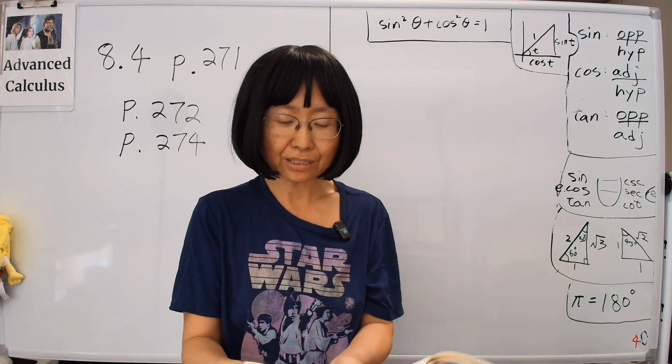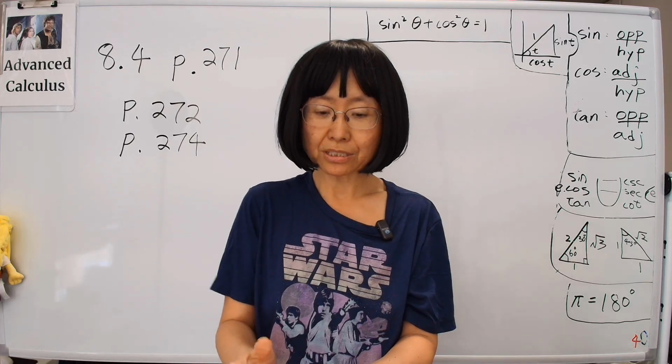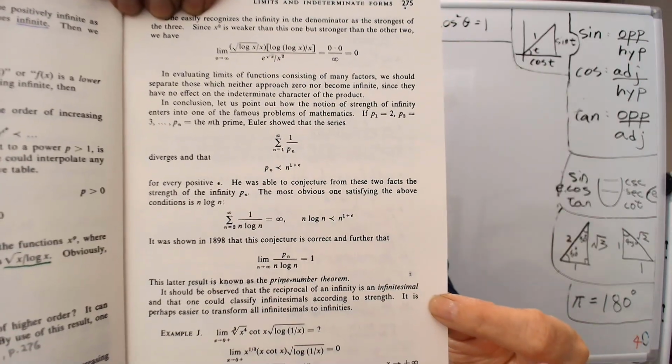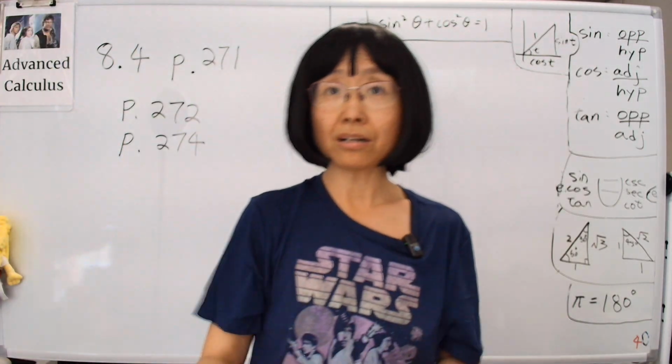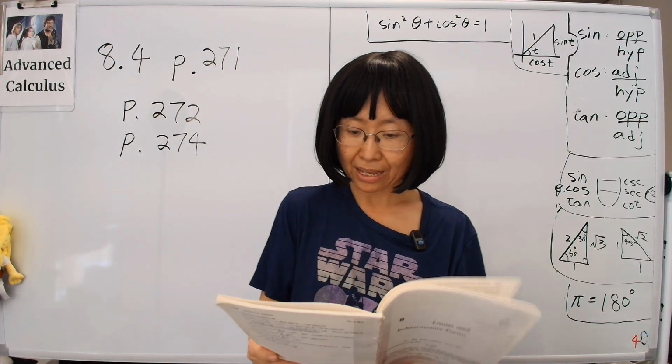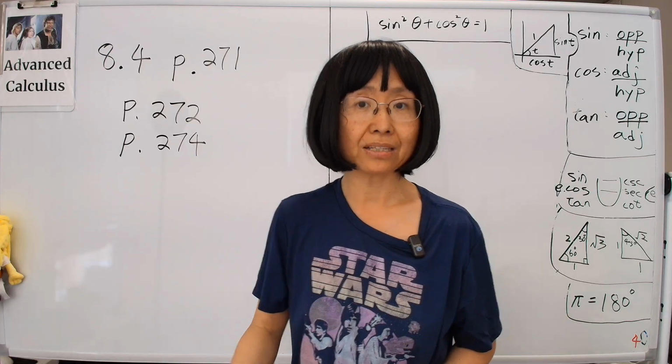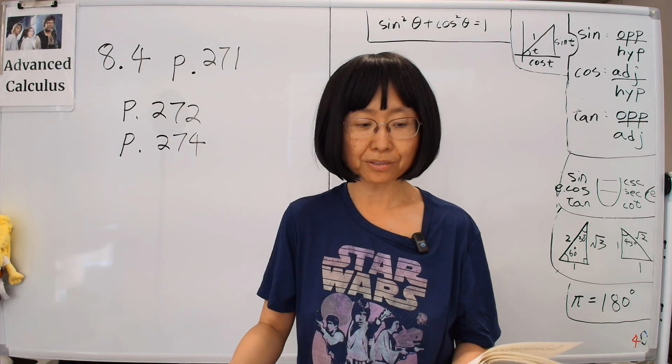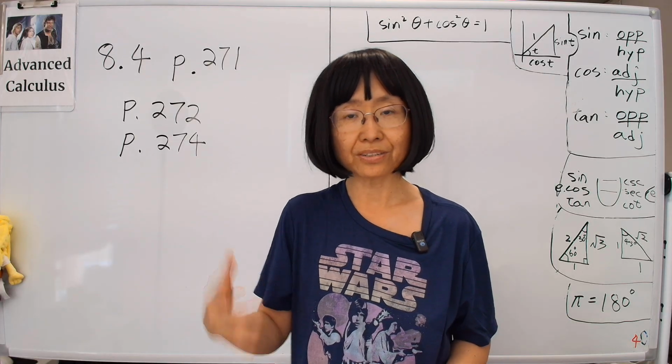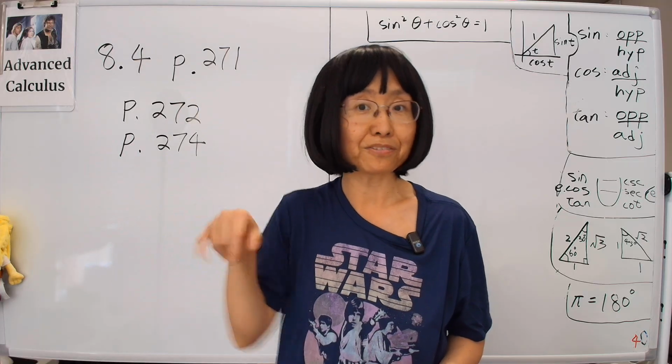And the last thing we should mention, I'm reading the last paragraph right here, is that the reciprocal of an infinity is called an infinitesimal, and we can even classify infinitesimals according to their strengths. An infinitesimal is just 1 over infinity.